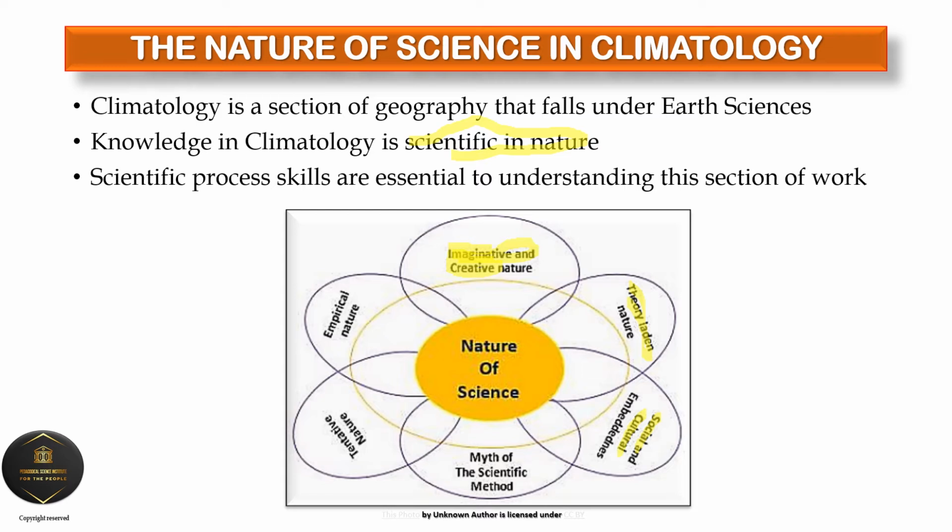And we say it's empirical in nature, and it's also tentative. When we say it's empirical in nature, we are really looking at how theoretically entrenched knowledge is. So in climatology, we are very empirical. We look at the underlying principles that led us to coming up with the knowledge.